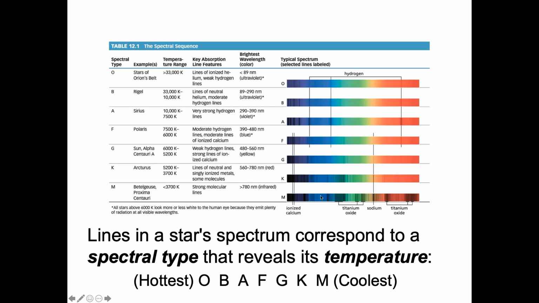By the time you get down to spectral type M, these are very low temperature stars by comparison. We're getting more molecular lines than anything else. So these spectral types go from hottest to coolest. So, oh boy, a feisty giraffe kicked me. How about that?